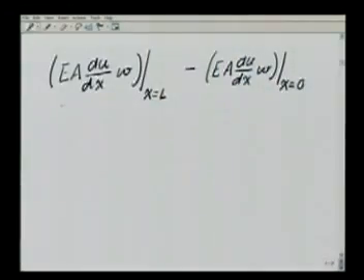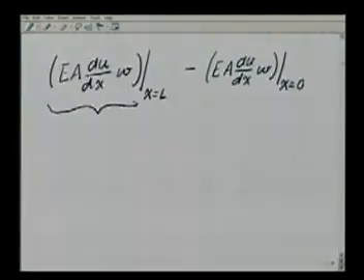So if you look at this, this is the boundary term at the point x equal to L, which is the right extreme of the member that we have taken, and this one is EA du/dx w evaluated at the point x equal to 0, which is the left extreme of the member.